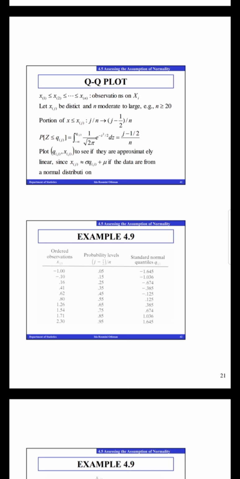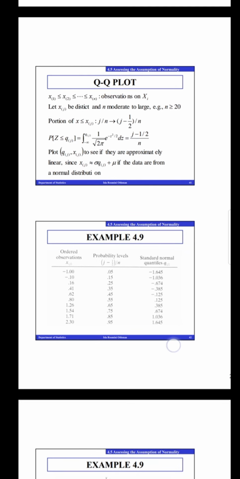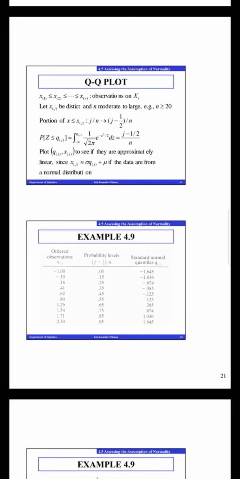We have these probability levels untuk to find the quantile. The last column tu, the third column adalah standard normal quantile. Okay, sorry. Standard normal quantile. Okay, so q ni yang kita nak cari because we want to plot the QQ plot, which is X-axis adalah quantile dan Y-axis adalah observation, which is x.